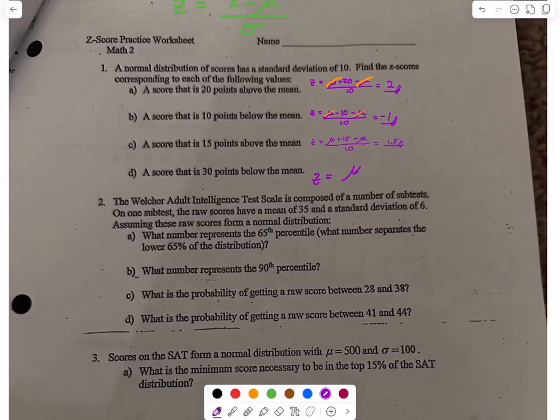So mu minus 30 plus mu divided by 10 gives us a z-score of -3.